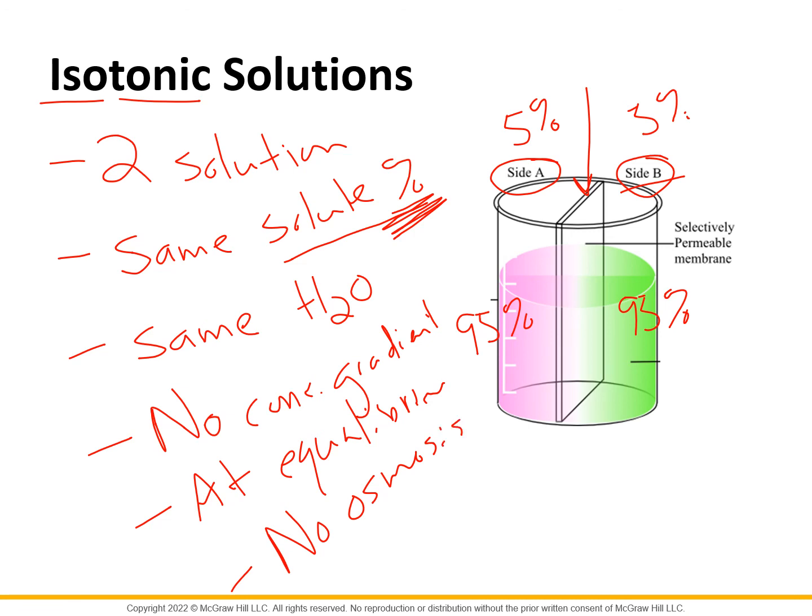No net movement of water. So because they are at the same concentration of water, there is no net area of high water or low water, and so they are at equilibrium. Now, water molecules will still cross the membrane, but they will cross the other way. There will be no net gain or loss of water. So that's when the solutions are equal to each other. They're considered isotonic to each other.